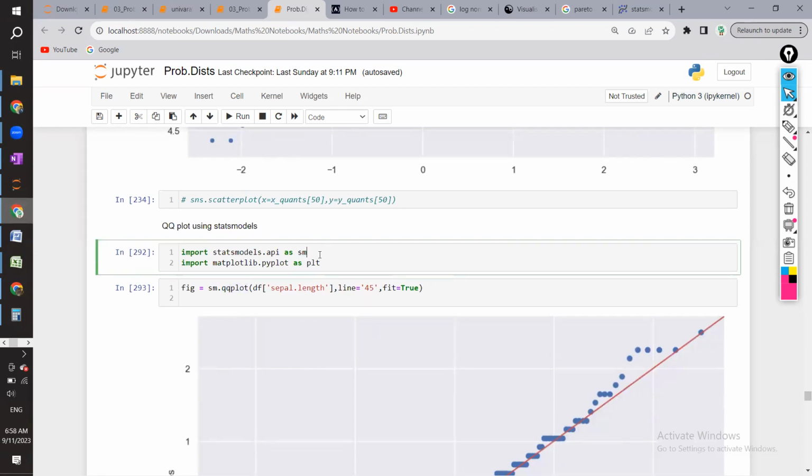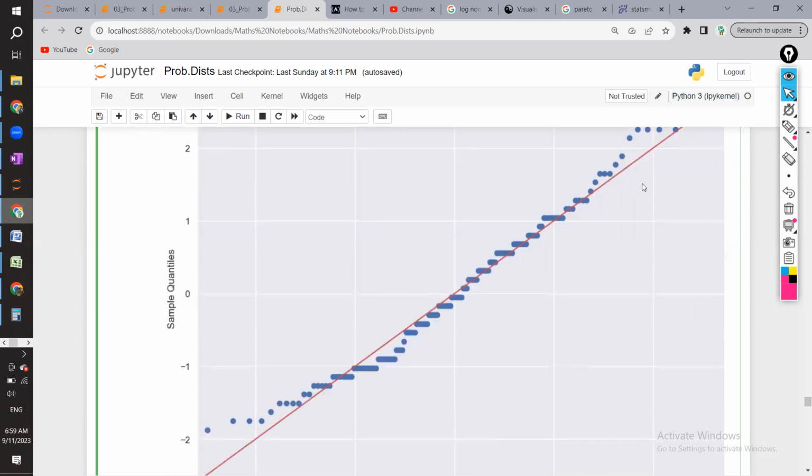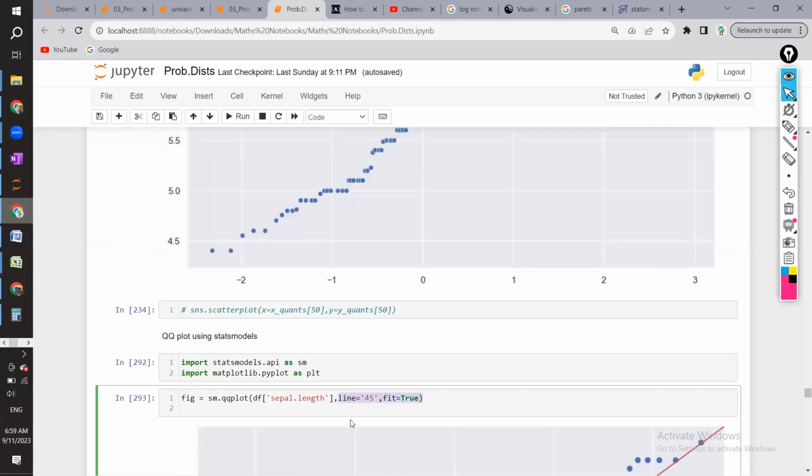Just import statsmodels.api as sm, take this sm, and inside that you have qqplot. Just give whatever you want. Here you just pass your data frame or data set column, the test distribution, and you just need to give line equal to 45. That means this is a 45 degree line, so you're checking against it. And here you don't need to give any corresponding normal distribution.